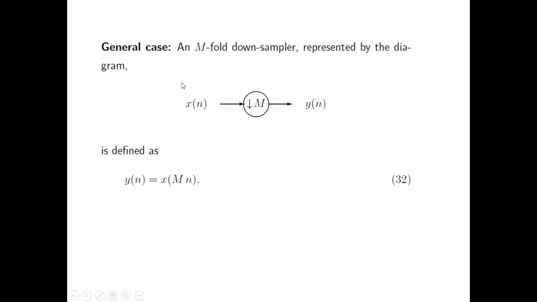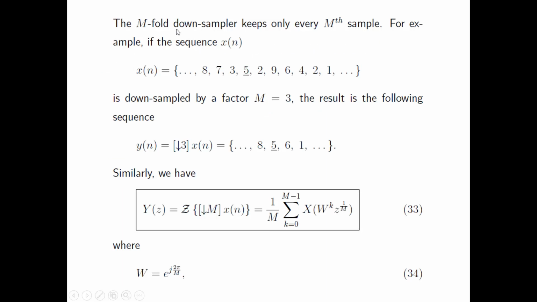But let us now generalize the whole derivation, and say that the downsampling is done with a factor of M. Now x of n is the input signal given to a downsampler doing downsampling by a factor of M, and y of n is the output signal, and we can express this downsampling with the mathematical definition y of n equal to x of Mn. Then the M-fold downsampler keeps only every Mth sample and the rest are discarded.